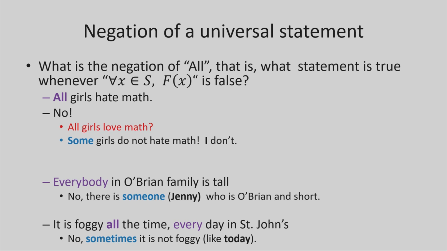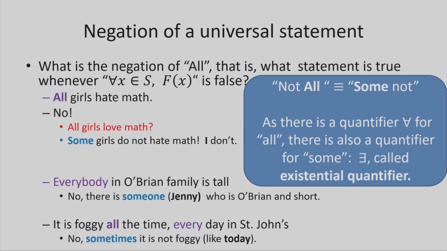Similarly, if you want to say that it's not that everybody in the O'Brien family is tall, it's enough to find someone, say Jenny, who is an O'Brien and short. Foggy all the time? Well, sometimes, like today or maybe some nice day in July, it's not foggy. So here is a general rule.